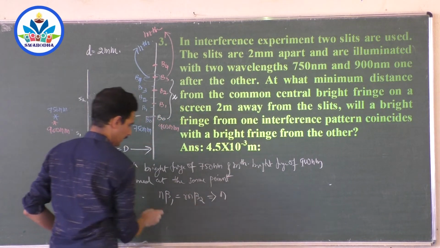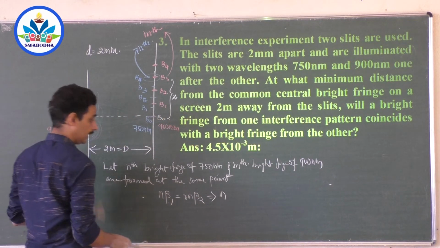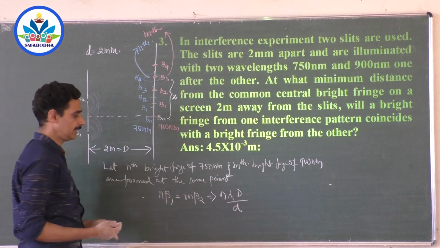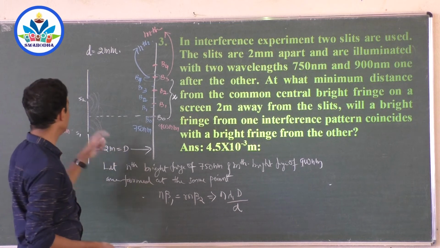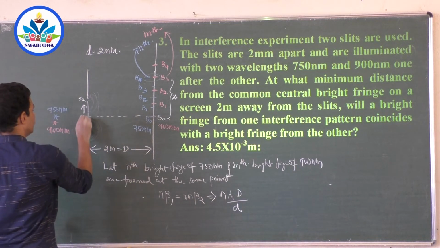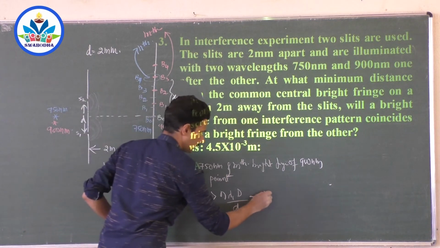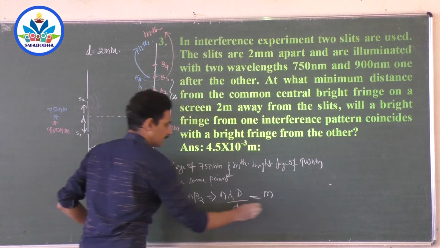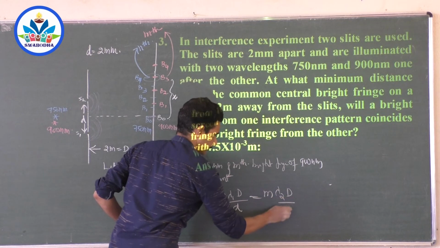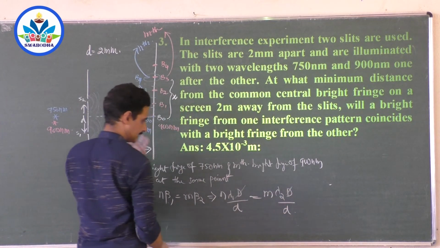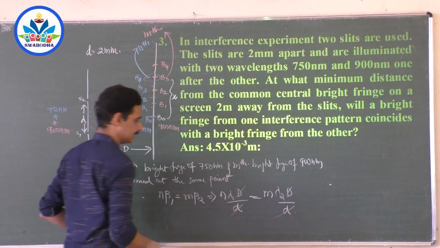N times beta 1. What is beta 1? Lambda 1 D by d. Wavelength different, setup same, D and d are all same. Must be equal to, what is the mth fringe of the other one? m lambda 2 D by d. So this capital D gets cancelled, small d gets cancelled.